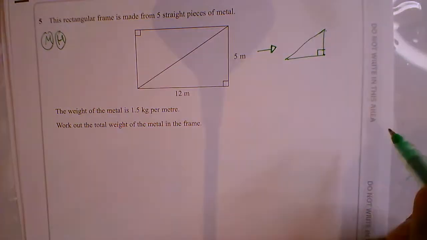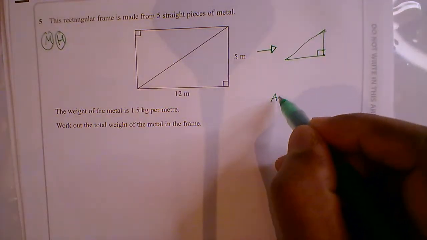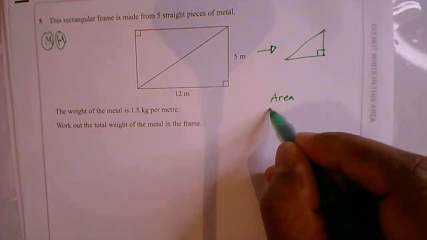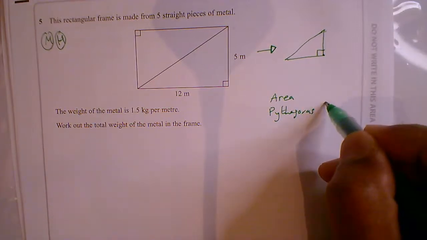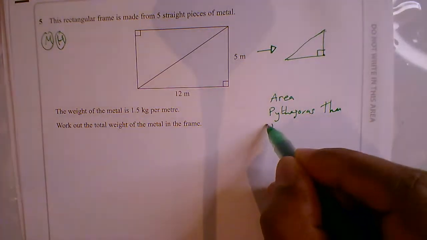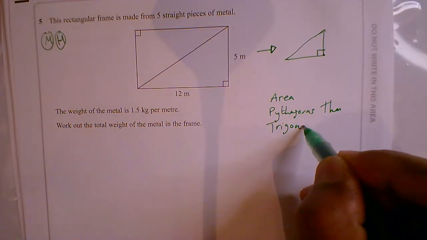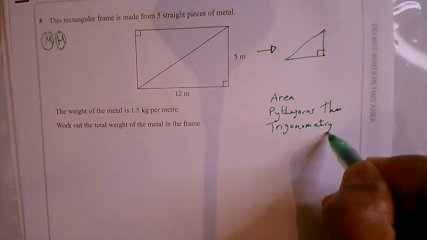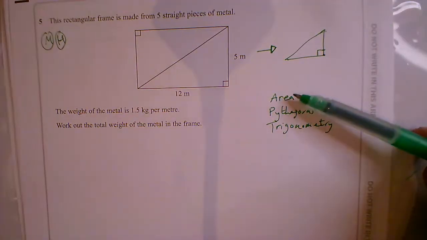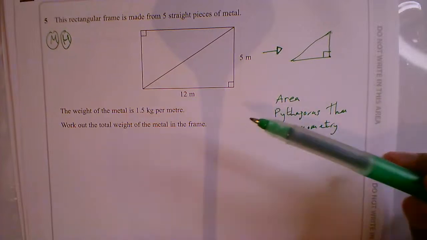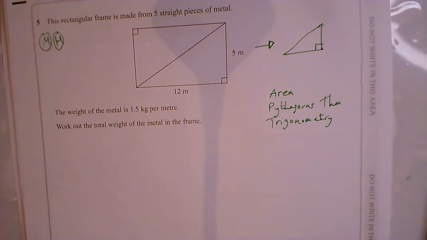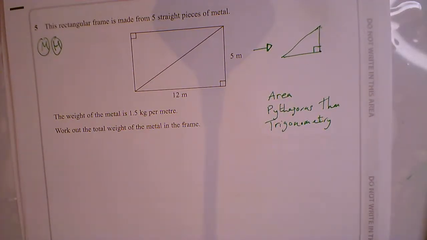Now, when I have a right-angled triangle, I can be working out an area, it could be Pythagoras' theorem, or it could be trigonometry. So even if I didn't read this information, I can break this down and find out which topic it is. If we have time in today's session, we'll come back to this question. For now, I'm going to skip it, because I want to prove my point about banking the easy marks.